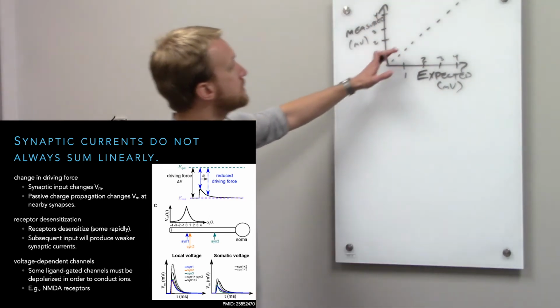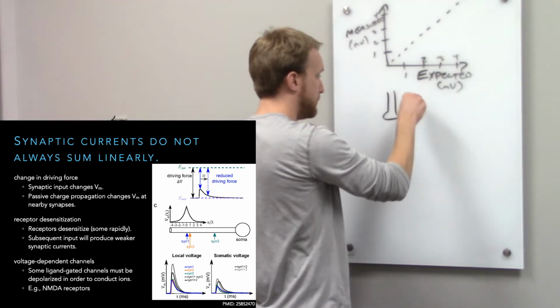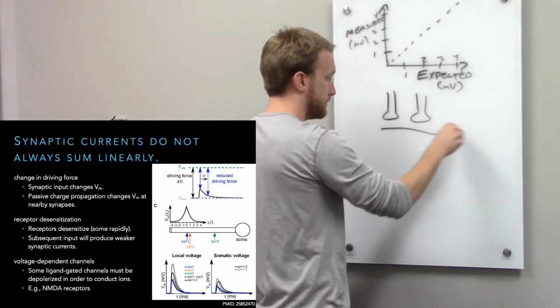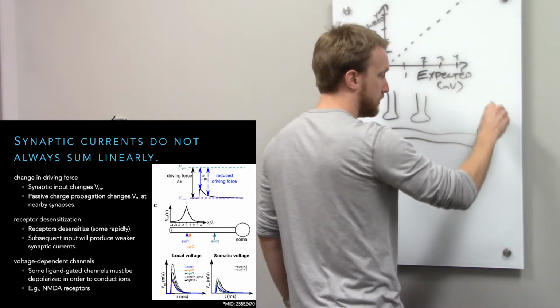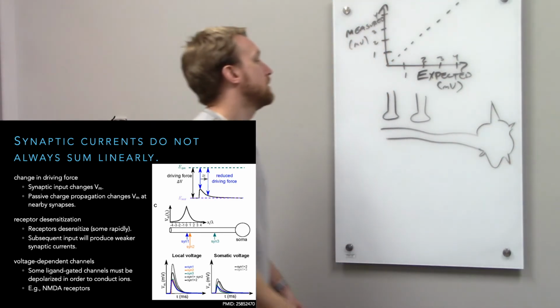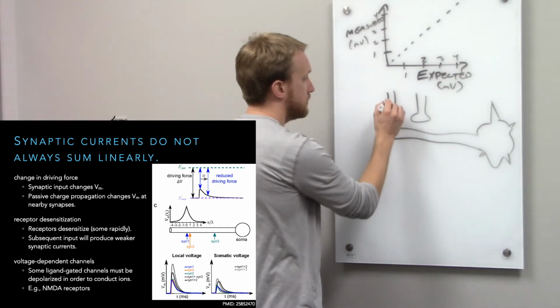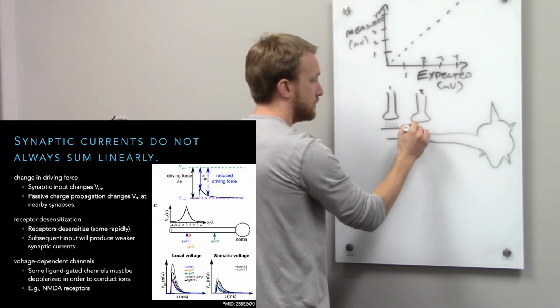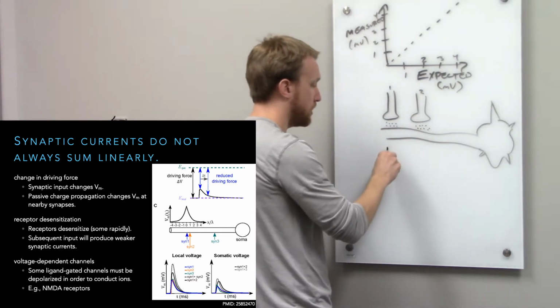So for linear summation, let's say that we have input at 2 different synapses. Here's a dendrite. Let's give it a cell body over here. If we were to just stimulate synapse 1 or synapse 2 individually, let's say that each of them gives us 1 millivolt.